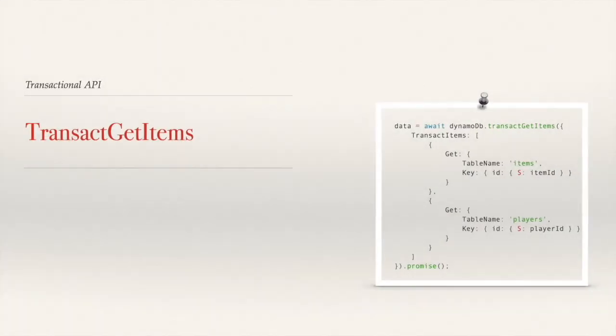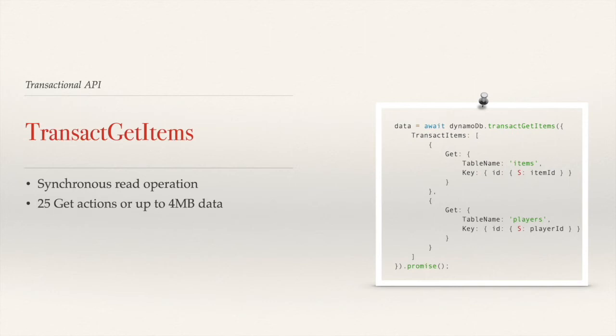So let's see the transactional APIs. First is TransactGetItems. TransactGetItems is a synchronous read operation. In case you want to retrieve multiple items from single or multiple tables, you can use TransactGetItems. At a time you can have 25 get requests in a single call, and you can retrieve up to 4 MB of data.